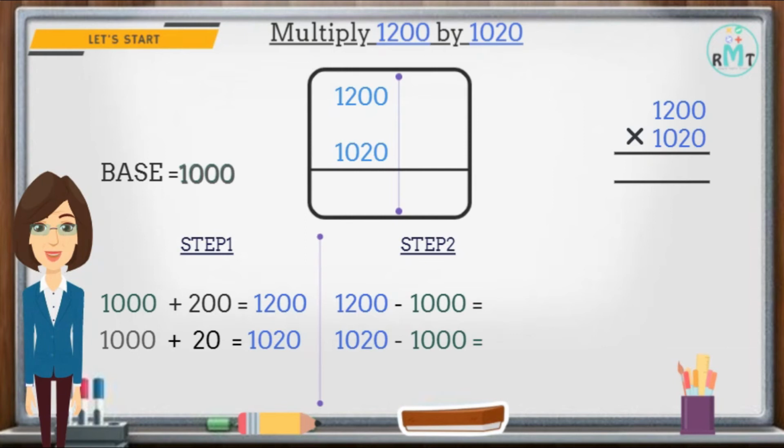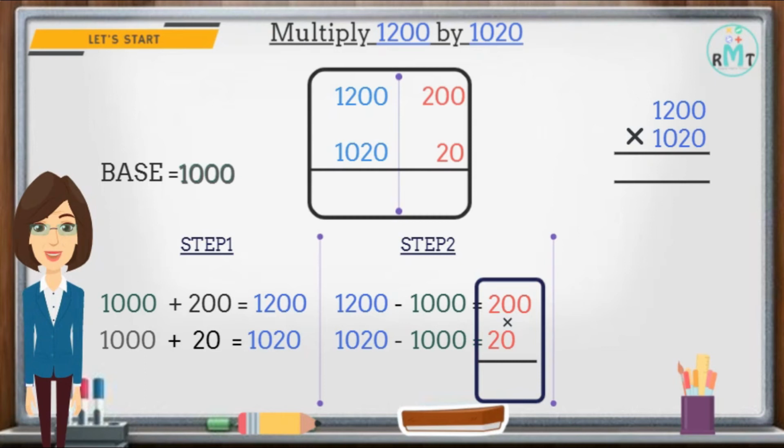Now, the difference between 1200 and 1000 is 200. Similarly, the difference between 1020 and 1000 is 20. Next we multiply 200 with 20. So we get 4000 as the answer. Now, the base 1000 has 3 zeros.